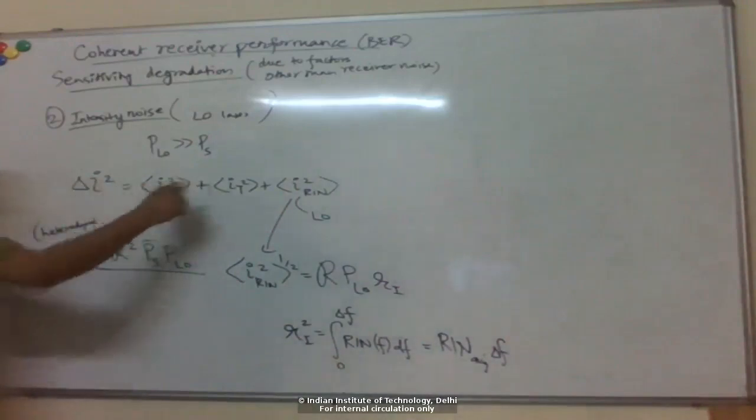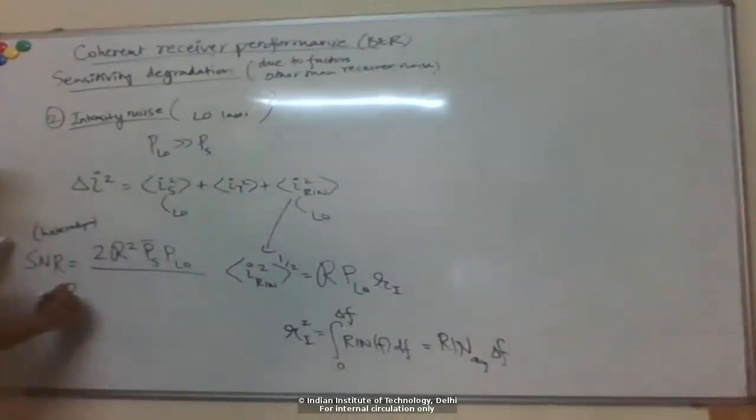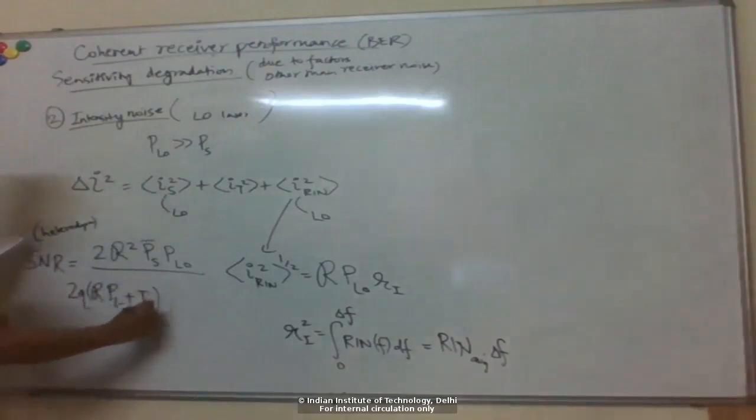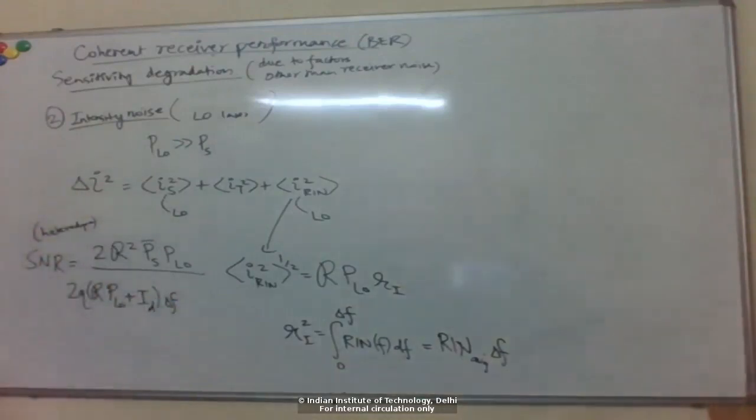Okay, and then in the denominator, the total noise current. The first term will be the shot noise current, which is again coming from the local oscillator, right? So I can write it like this. I can also include dark current. Typically that is negligible, but could also include that.